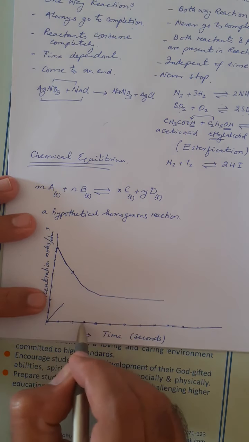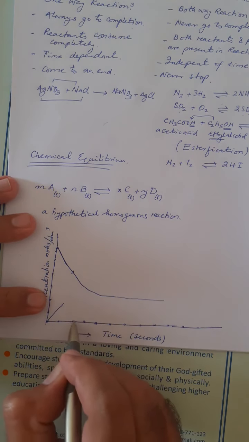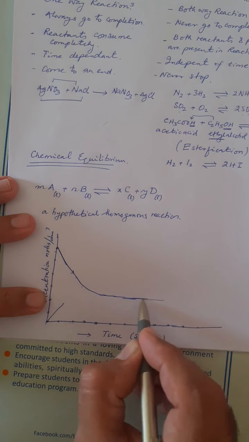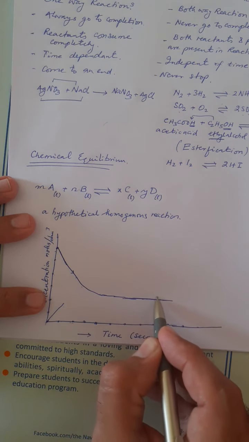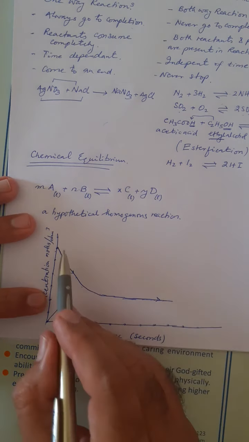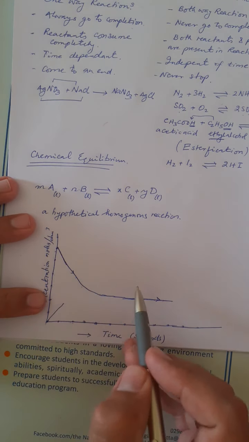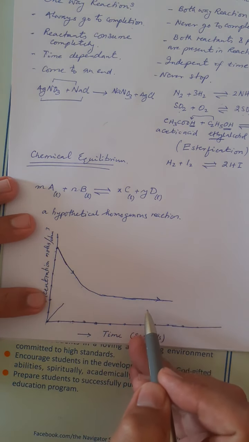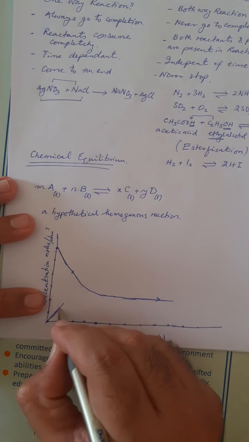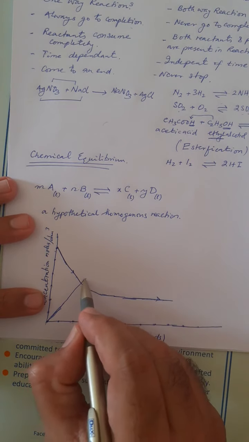Now, at 5, 10, 15, 20 seconds, and after 20 seconds, the concentration is 45, 45, 45, 45. No change in the concentration of the reactant. Why? If they are reacting and getting less, why are their amounts not decreasing? Because C and D are also reacting and they are forming A and B for you.